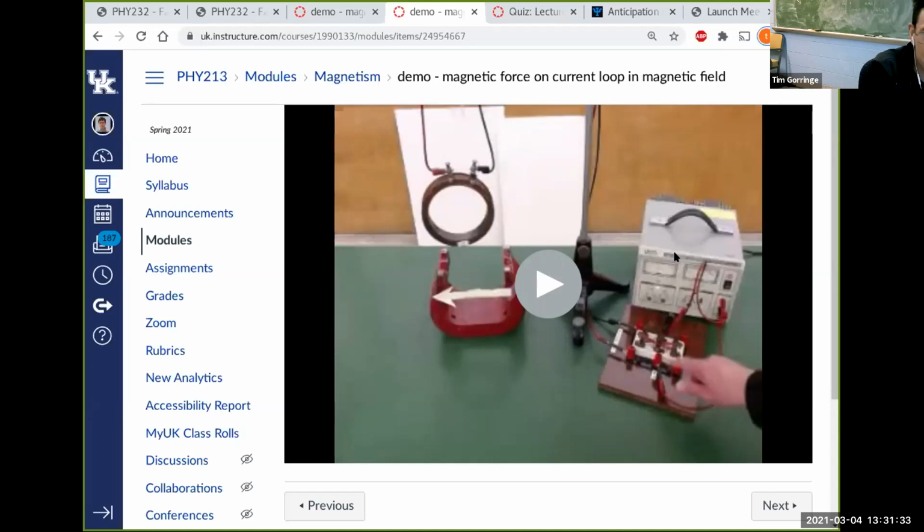There's a power supply on the right-hand side. Leads come out of the power supply and go through this switch, which is a clever switch where you can reverse the current, and it will deliver a current to this current loop. Let's watch this video if I can.